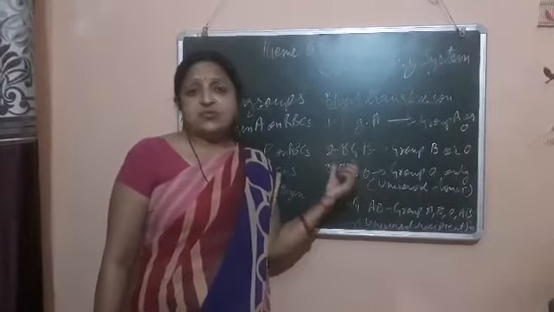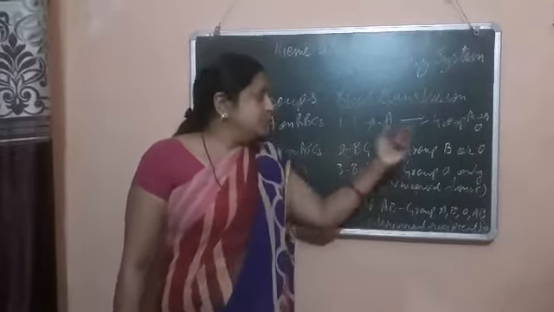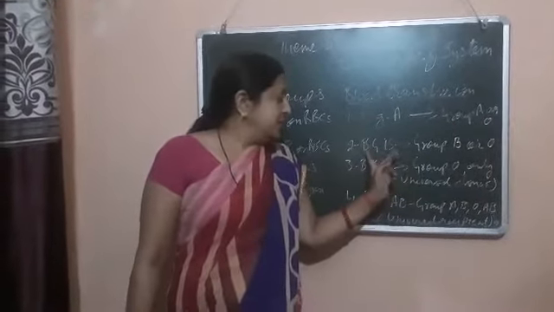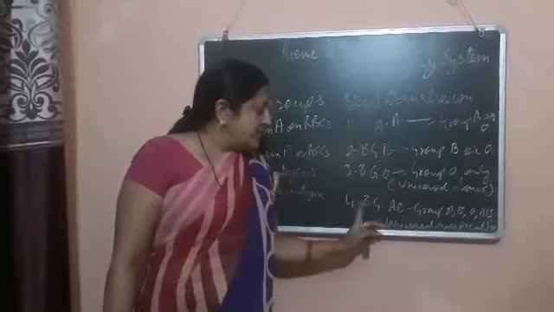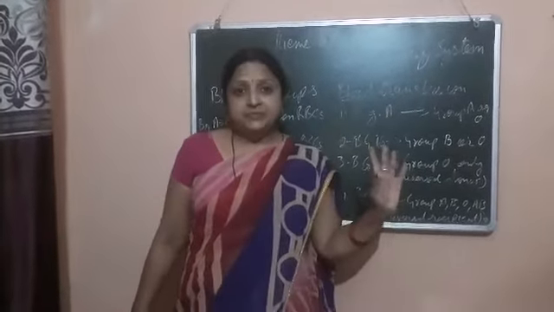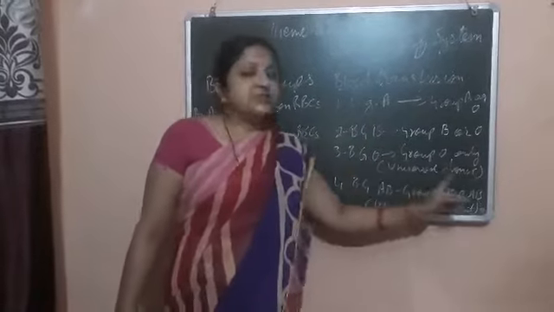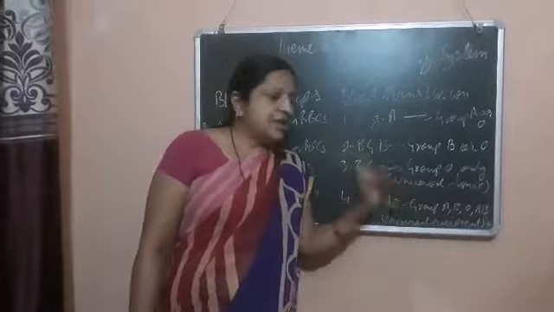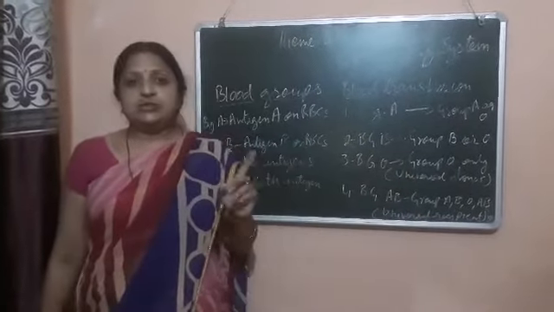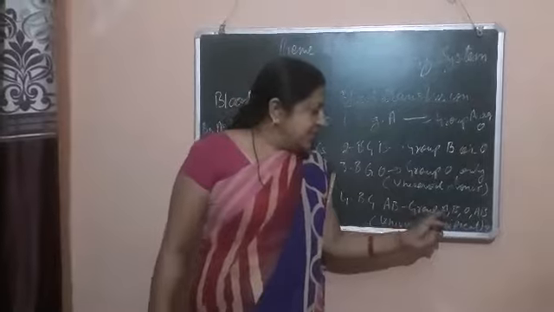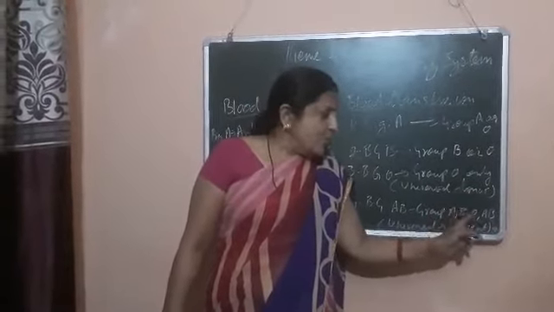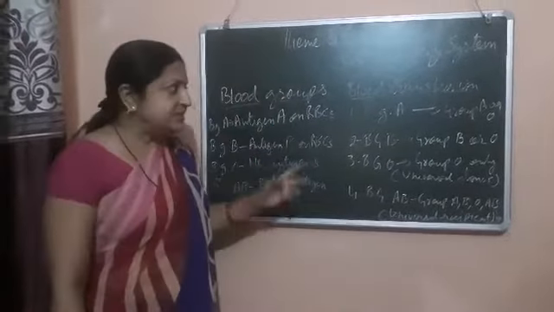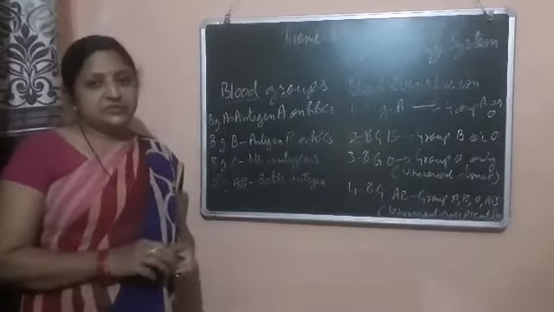The person having blood group O can donate blood to persons having blood group O, A, B, or AB, so they are called universal donors. And a person having blood group AB can accept the blood of each group: A, B, O, or AB. Hence they are called universal recipients. This is all about blood groups and blood transfusion.